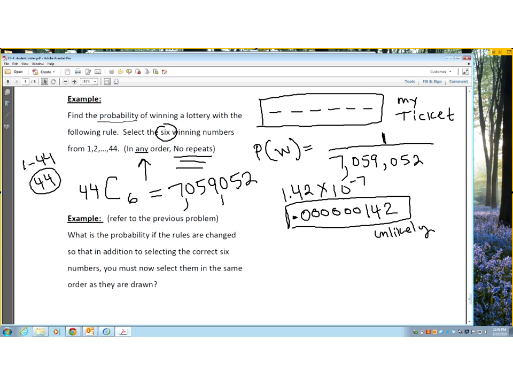And there's a good question. We talked about this in my face-to-face class. Do you see how we were able to count all the different number combinations when you're selecting 6 numbers from 1 to 44? In reality, if you were to find all those different combinations and buy that many tickets, 7,059,052 tickets, yes, you would be ensured that you would win.